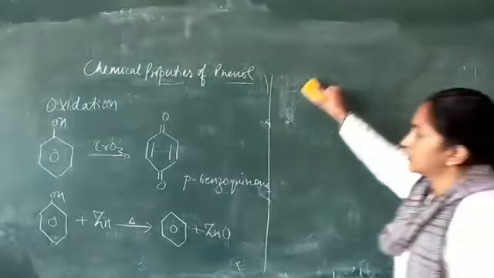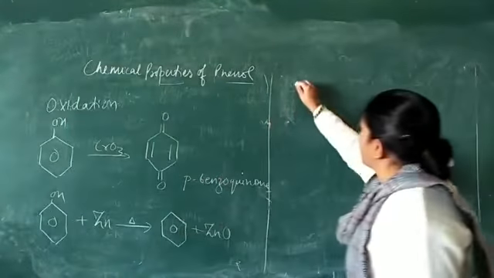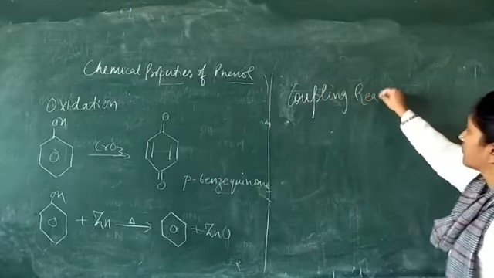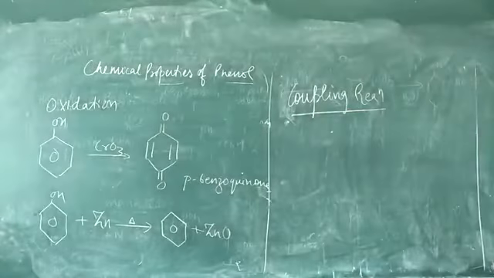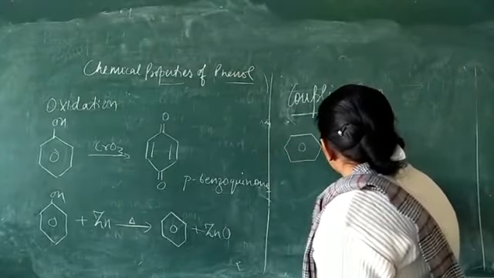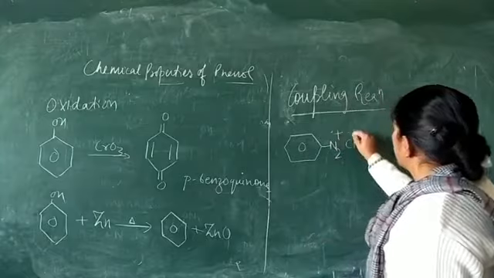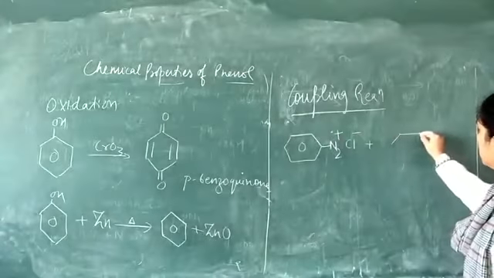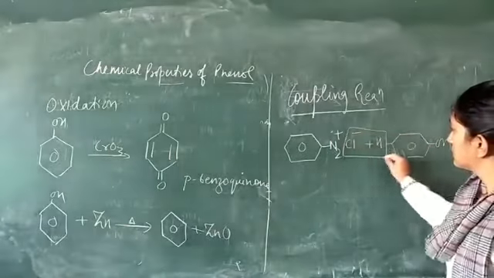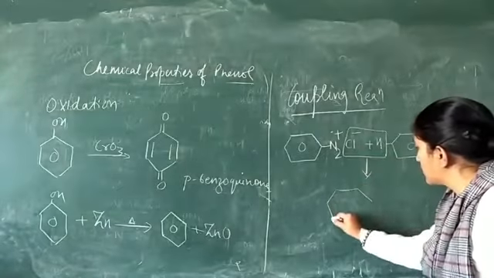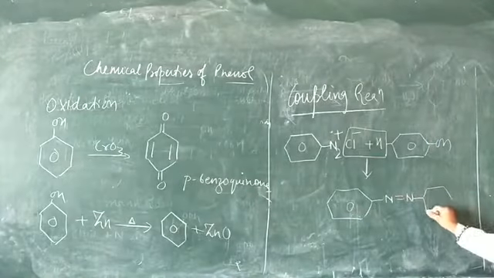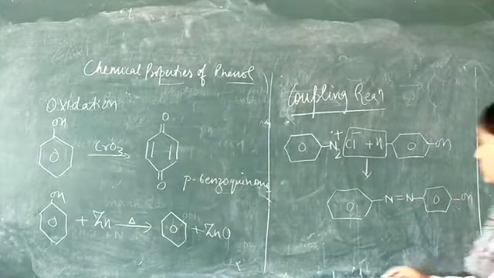Now the next reaction, student, is the coupling reaction which the phenol shows. So when it is being treated with benzene diazonium chloride, it forms para hydroxy azobenzene.